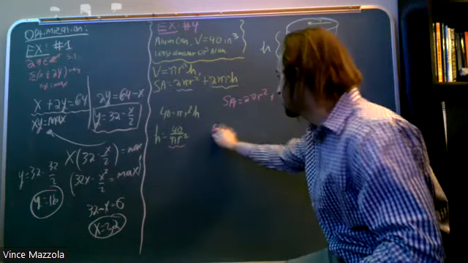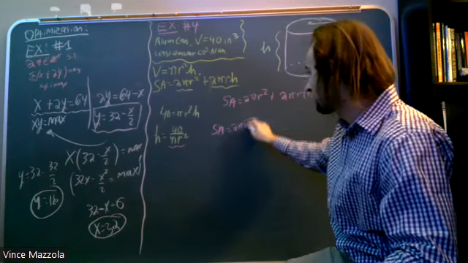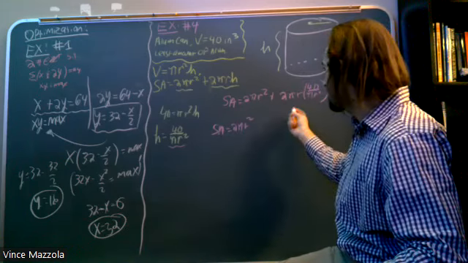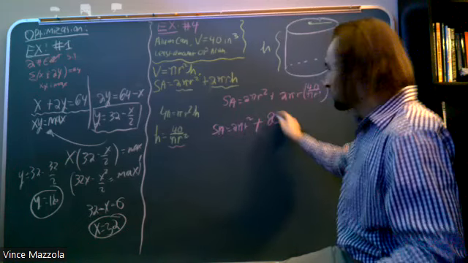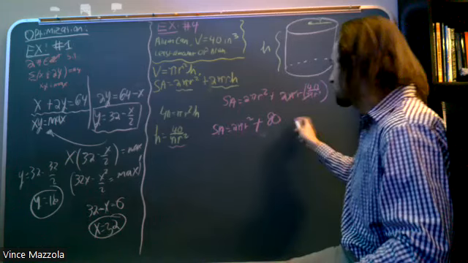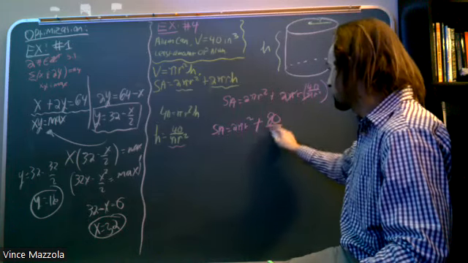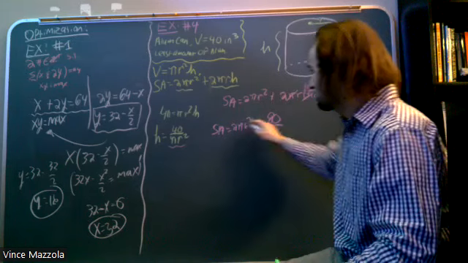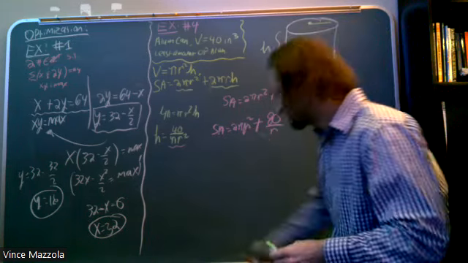So surface area is 2 pi r squared, and then 2 times 40 is 80. So 80, and then here your pi's cancel and one of the r's cancels, so that just goes over r now. And now we can take a derivative. Let's see if that's legible. If not, then I'll switch back to green.